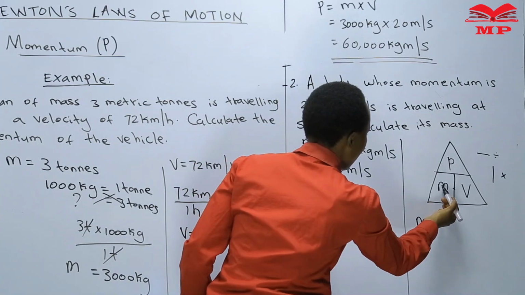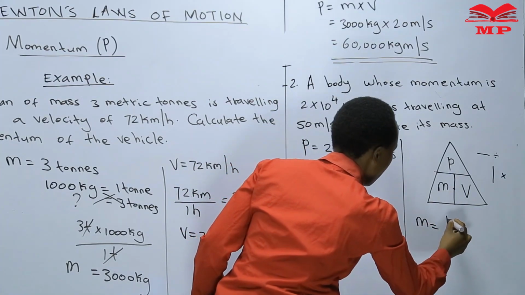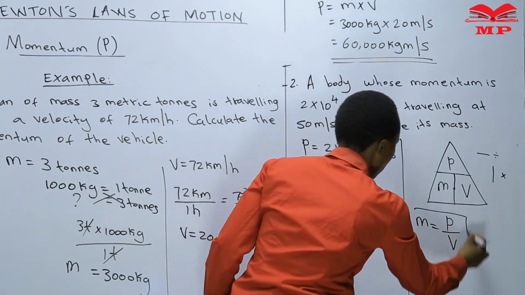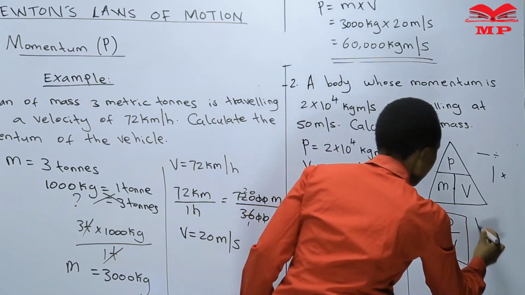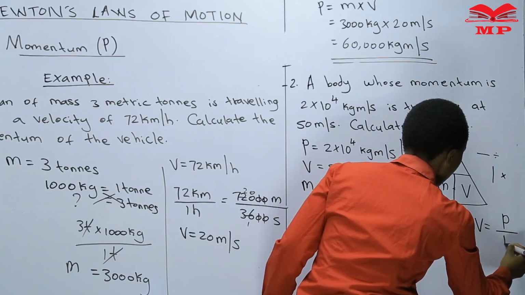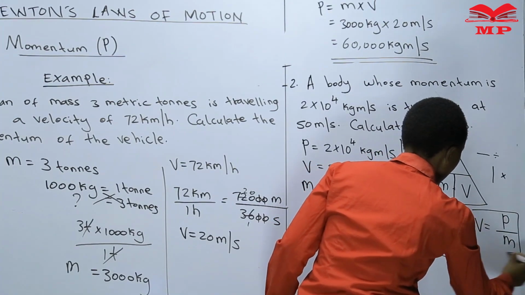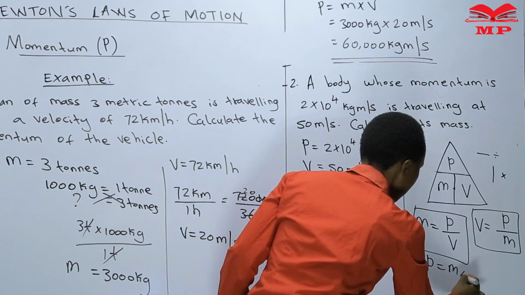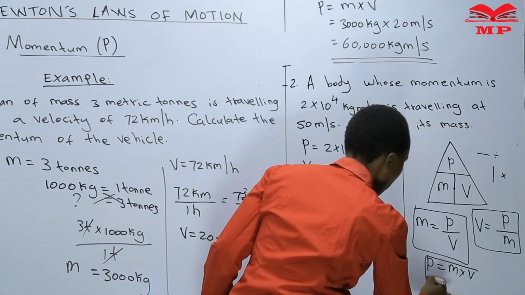So if you want to get mass, you simply take the momentum divided by the velocity. If you want to get the velocity, you take momentum divided by the mass. And if you want to get the momentum, it is simply mass multiplied by the velocity.